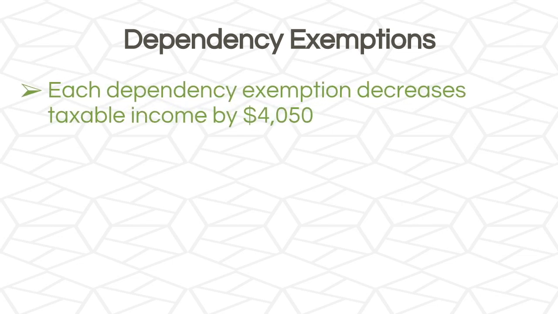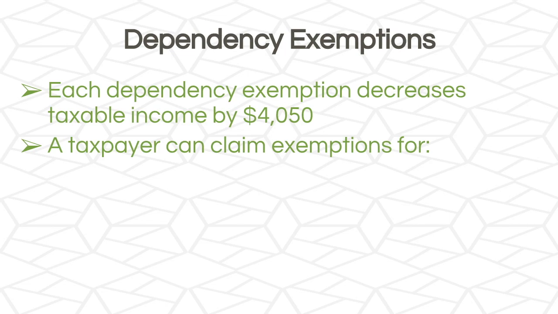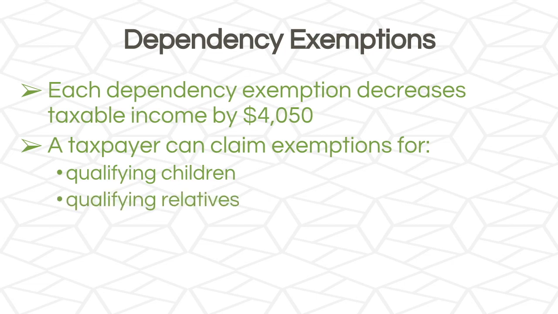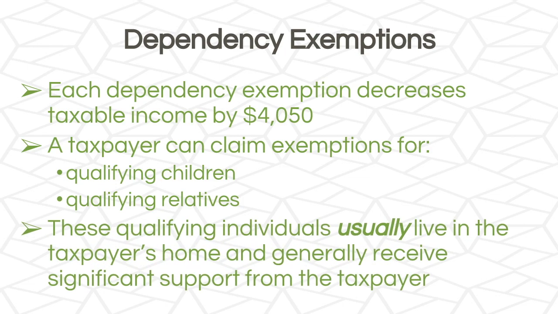Each dependency exemption also decreases taxable income by $4,050. And a taxpayer can claim exemptions for qualifying children or qualifying relatives. And these are individuals who generally live in the taxpayer's home and receive significant support from the taxpayer.